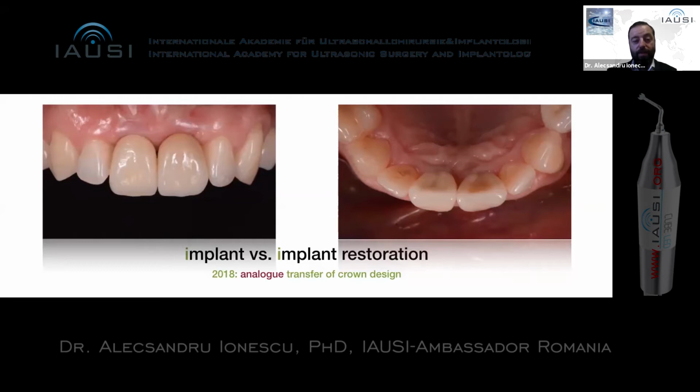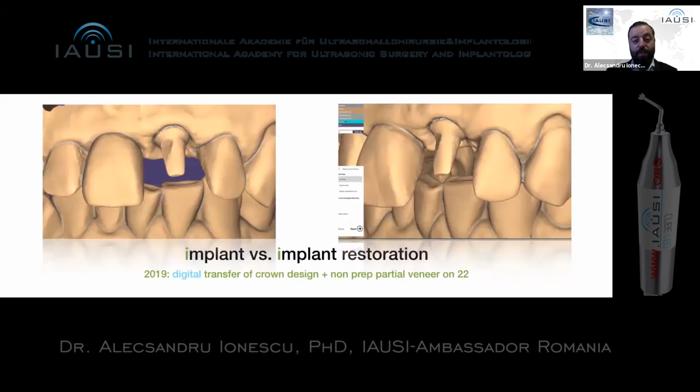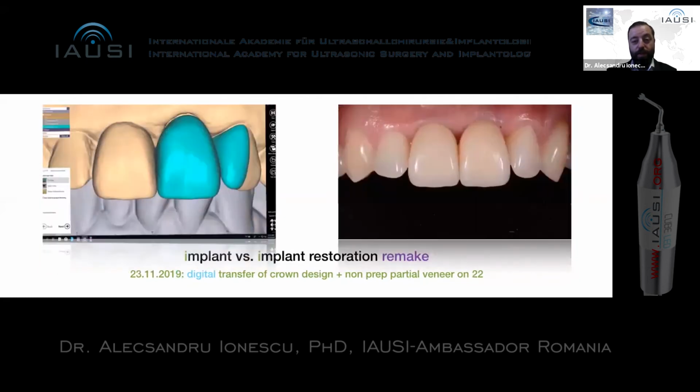What's going on? And then I convinced the patient to take out the cemented crown and do a digital, let's say, copy, paste, and reverse of the other crown, and decided to fill the gap on the lateral incisor with a non-prep veneer. And now, with the digital help, we were able to redo the case in an even nicer aesthetic approach.